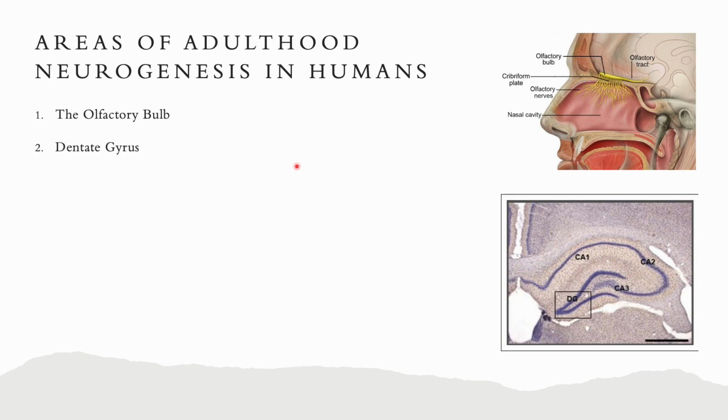There are two key sites for neurogenesis in the adult brain, including the olfactory bulb shown here and the dentate gyrus shown here. We already talked about how the dentate gyrus is a part of the hippocampus. So although we can create new neurons in these two areas, it's sometimes hard for the regrowth of CNS axons to occur.